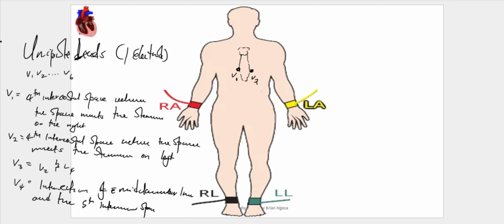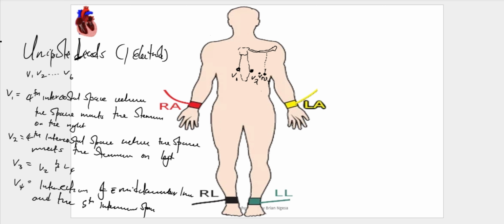So that this will be a representation of the clavicle. So let's write clavicle over here. So the mid, where it intersects with the fifth, this becomes the V4. So that in between you place V3. So let's write over here.